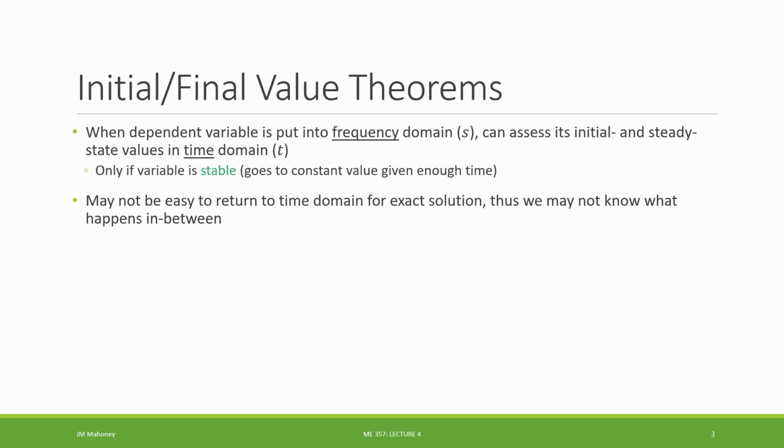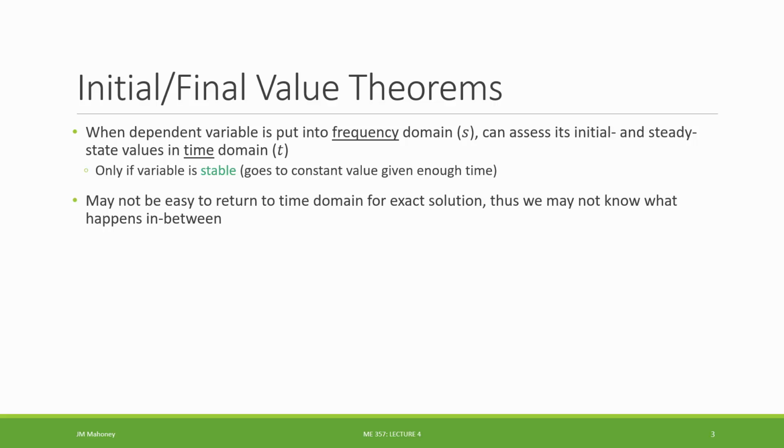We just might not be able to get the algebra into a form that appears on our Laplace transform table, or maybe we don't want to take the time to go back from the Laplace frequency domain into the time domain. What we can still find out is some properties of the function in the time domain, its initial value and its steady state value, without having to actually return to the time domain.